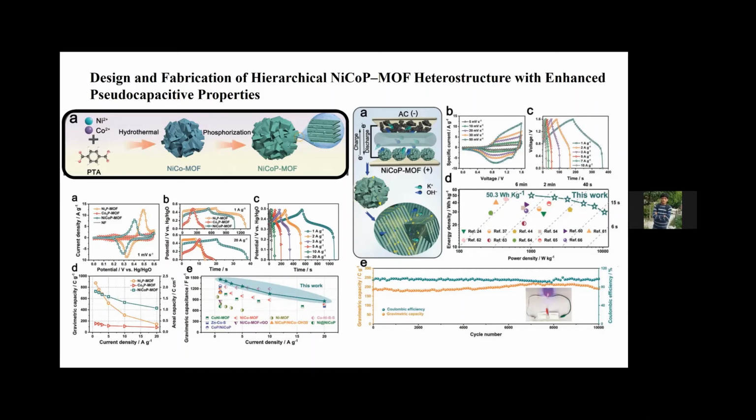So for this, as I said before, we use a 3 electrode cell system, where we use a working electrode, counter electrode, and reference electrode. Based on this setup, first we check the individual electrode performance.